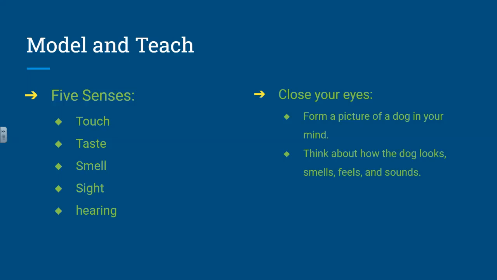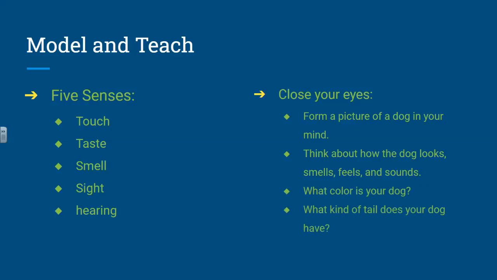And as you're thinking about this dog and you're forming that picture in your mind, try to be as descriptive as you can using those senses. Look, smell, feel, sound. Maybe even what color the dog is.